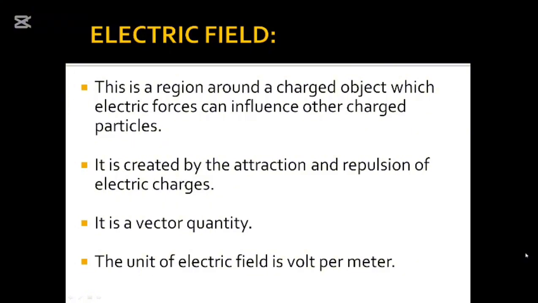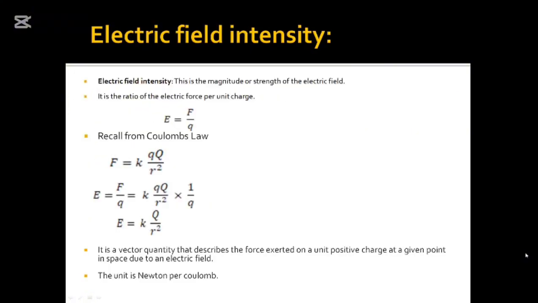The next thing we want to look at is electric field intensity. This simply means the magnitude or size or strength. When you say intensity, we are talking about the size, the magnitude, as in quantifying it.